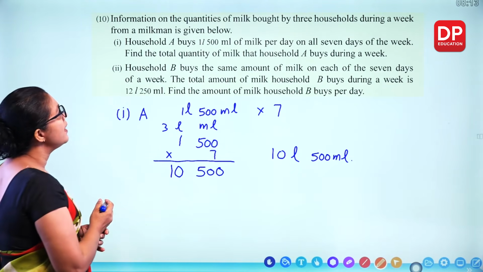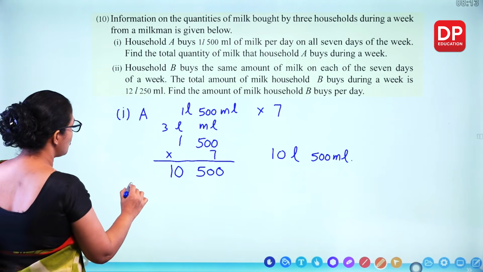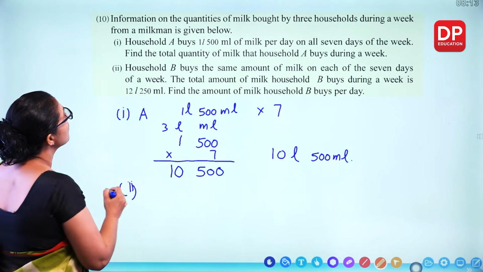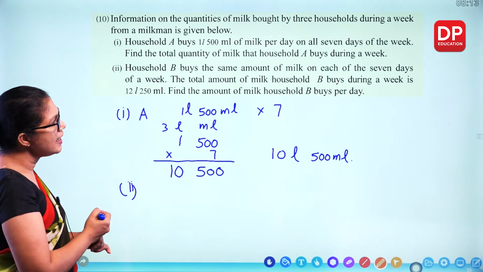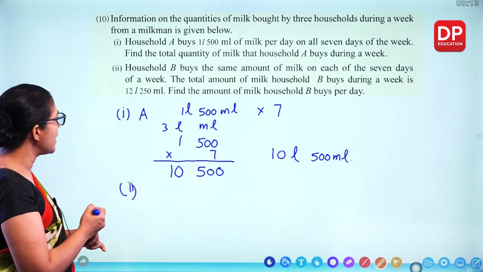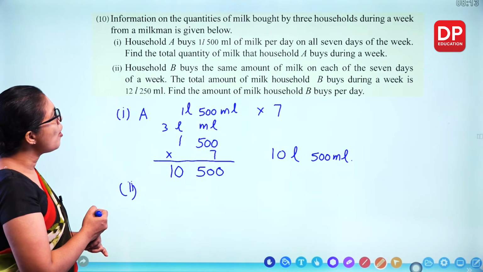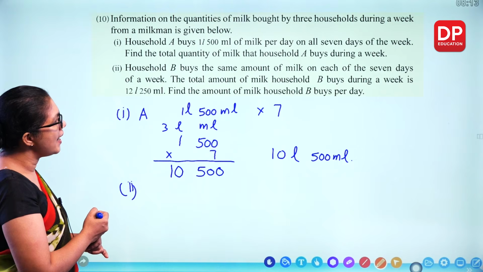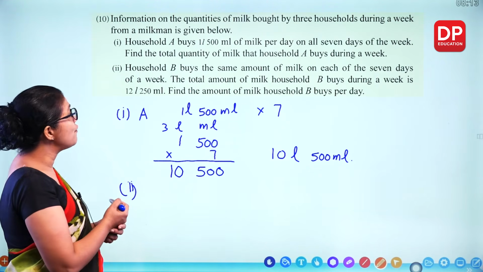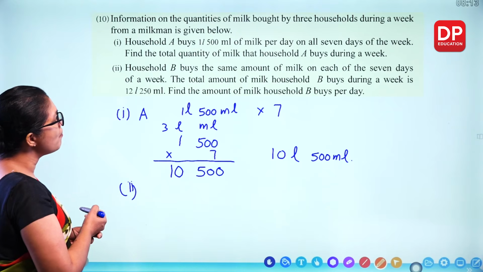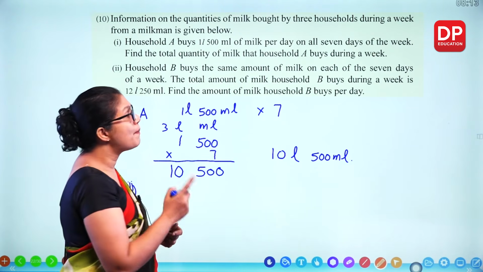That's household A. Part 2. Household B buys the same amount of milk on each of the 7 days of a week. The total amount of milk household B buys during a week is 12 liters and 250 milliliters. Find the amount of milk household B buys per day.